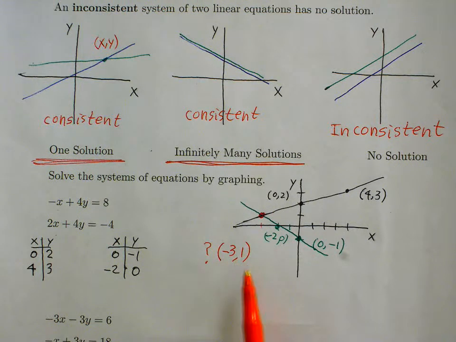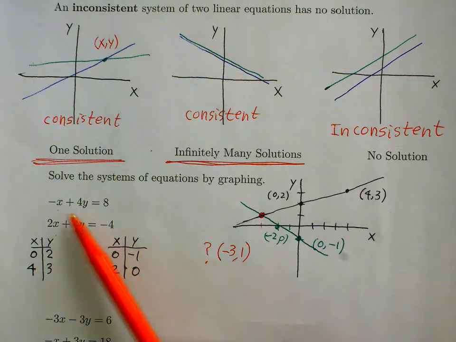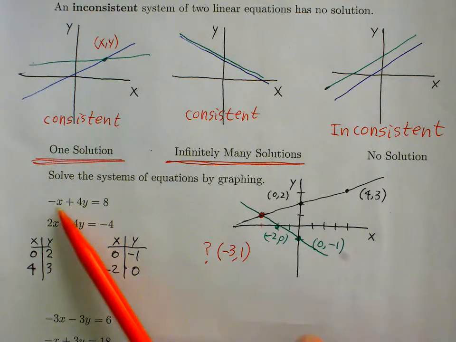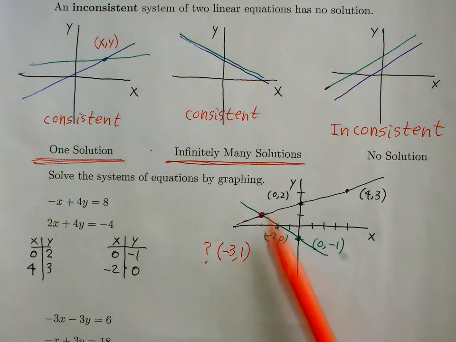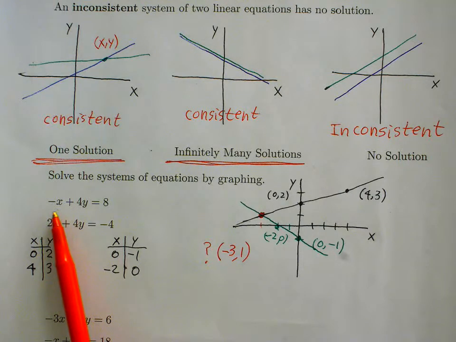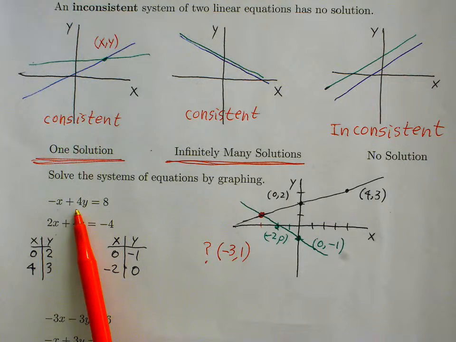If -3, 1 is the solution, but I don't think it is, then we can replace, remember, a solution satisfies the conditions of both equations. So just looking at the top equation, if I replace x with -3, the negative of -3 is 3, and then plus 4 times 1. No, that's not going to work out.